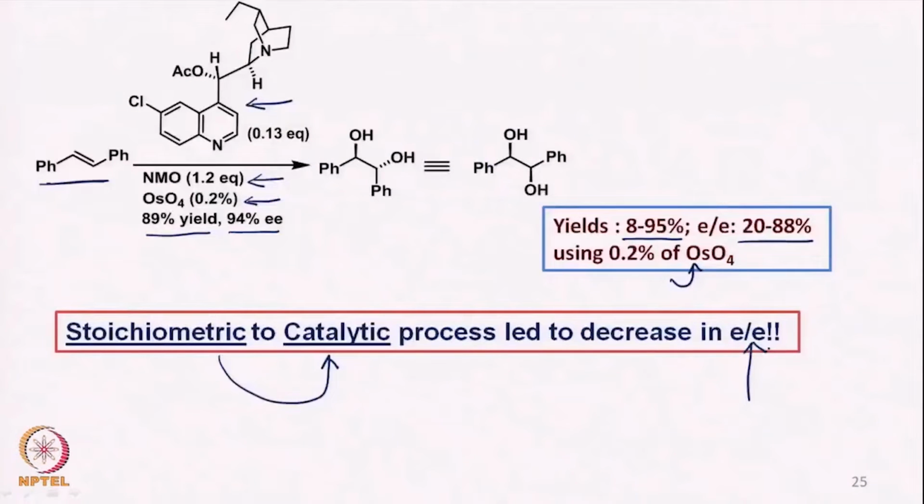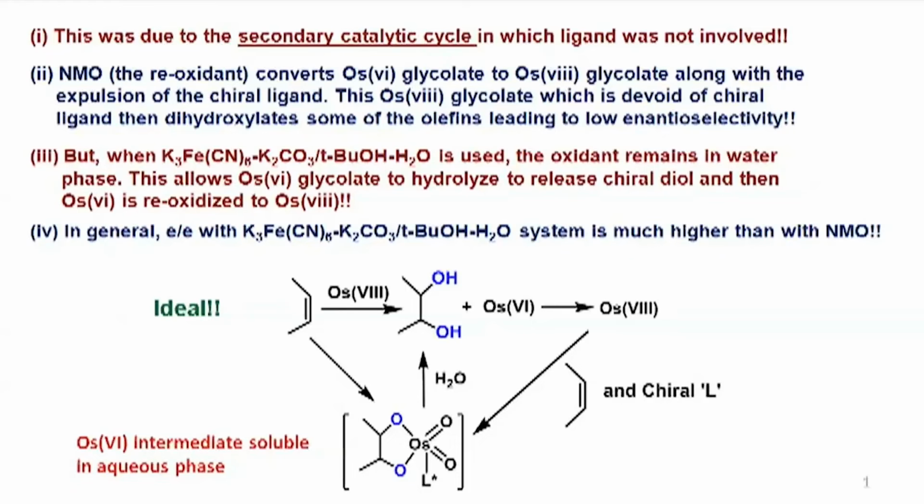Now why is it that such a low enantiomeric purity is seen in cases where NMO is used as a co-oxidant? It was felt that this was due to a secondary catalytic cycle in which the ligand was not involved. When NMO is used as a reoxidant, it converts osmium 6 glycolate of this type to osmium 8 glycolate along with the expulsion of the chiral ligand.